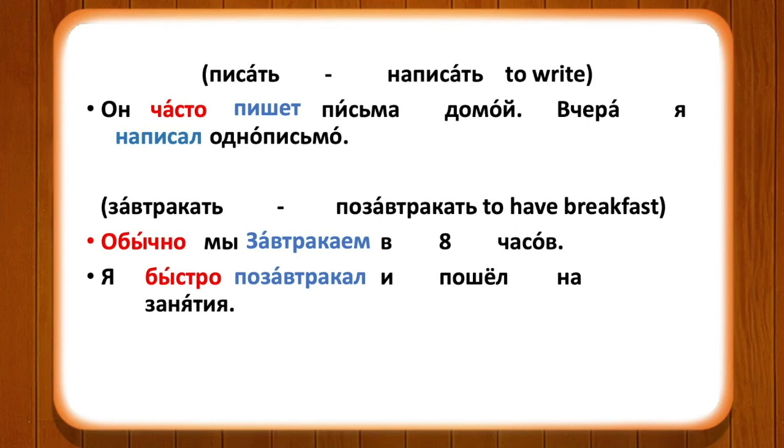Пошел на занятия already indicates that the я is a boy, it's a male. So я быстро позавтракал, I quickly had my breakfast and left, or I went to the class. So one action has completed, another had started. Consecutive actions are denoted by the use of the perfective aspect verbs.